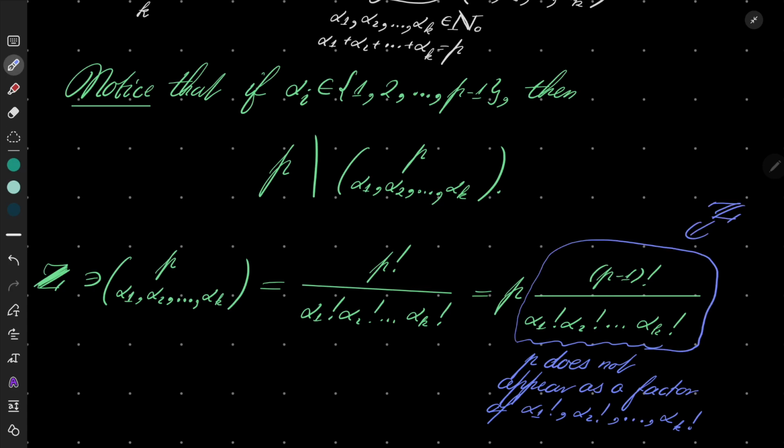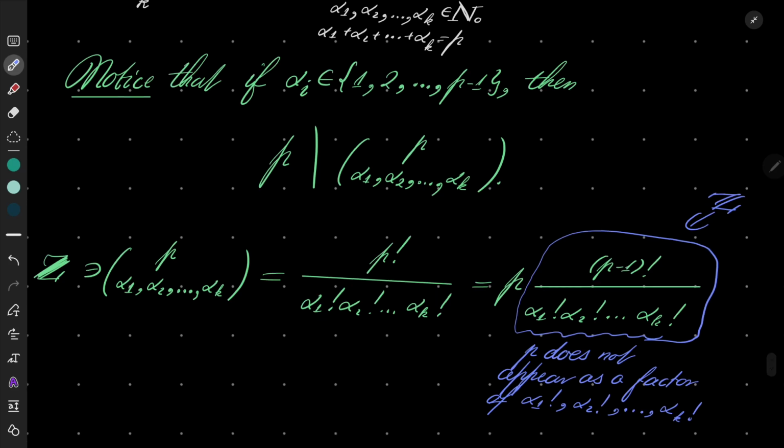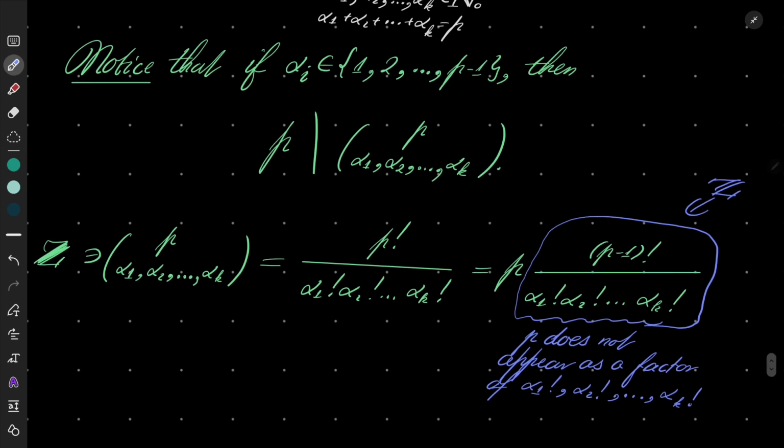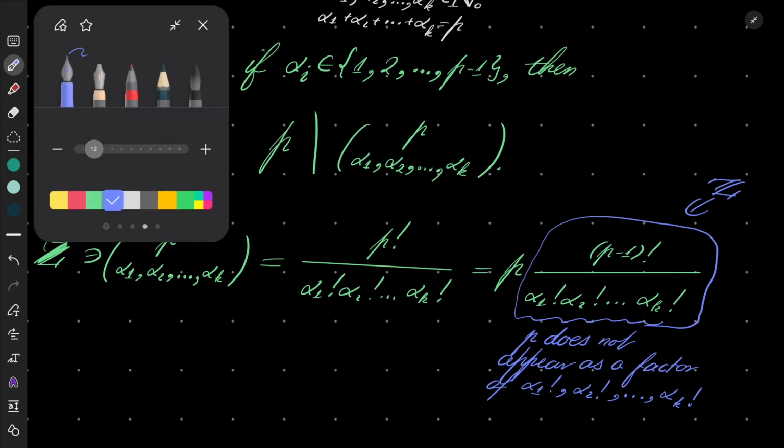Why is that? Well, it's because p is co-prime to every number in our denominator. So p does not change the fact that our entire thing is an integer. Okay, so now we know that our number is in fact a multiple of p, so p divides this number. So it's justified.